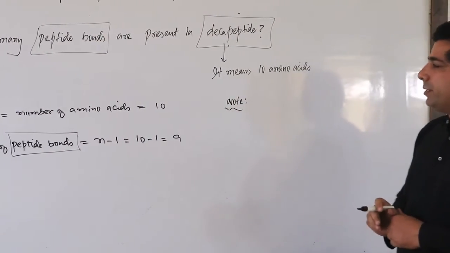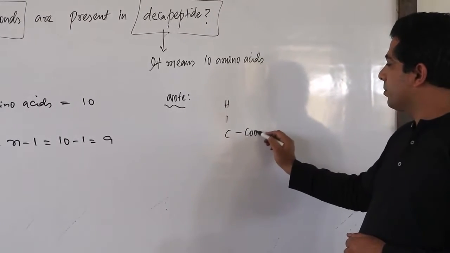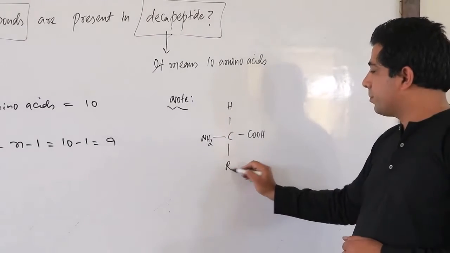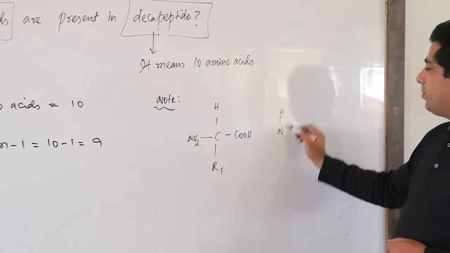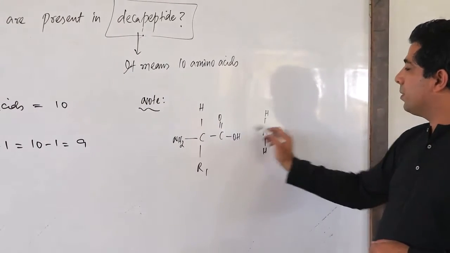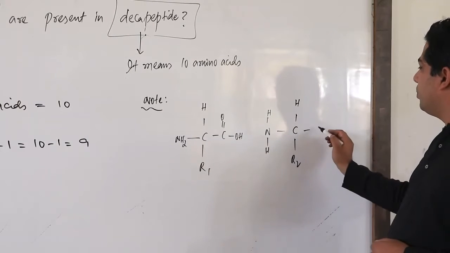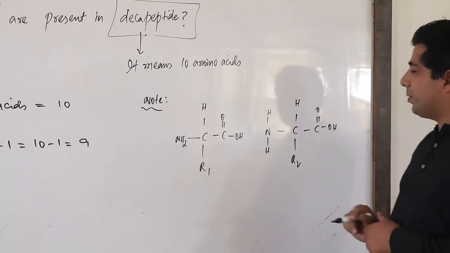My dear friends, if I have an amino acid with me, let's call it R1. Then we have the NH2 group, and C double bond OH. Then we have CH, R2, then COOH, the carboxyl.